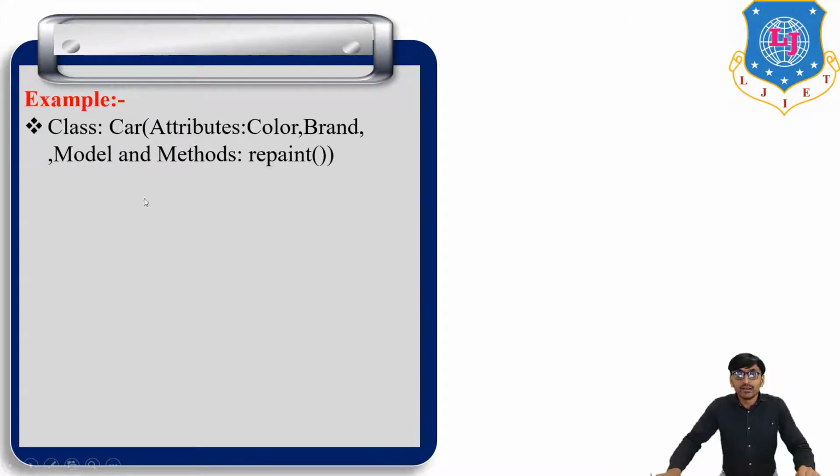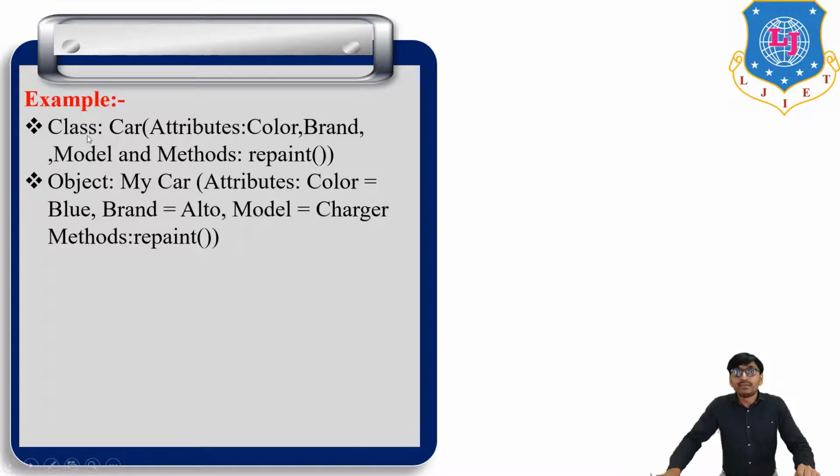Then for example, class car, and the class has attributes and methods. Attributes means variables. So attributes are color, brand, model, and methods, it means repaint. Then from this class, one object is created, my car. It has attributes, color is equal to blue, brand is equal to Alto, model is equal to charger.